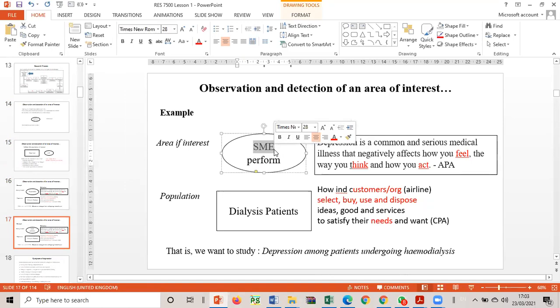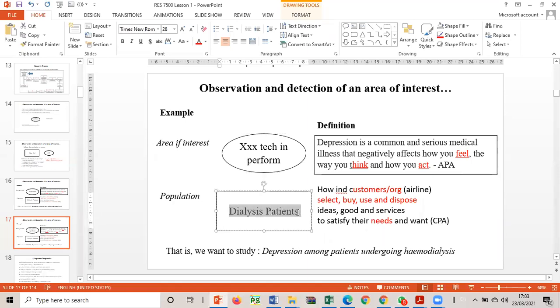F-I-N-T-E-C-H. Finance technology. Okay. Some technology, right? Technology in performance. Which population? In Indonesia? Jakarta. Which particular target?